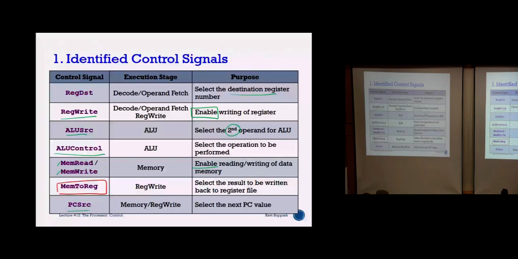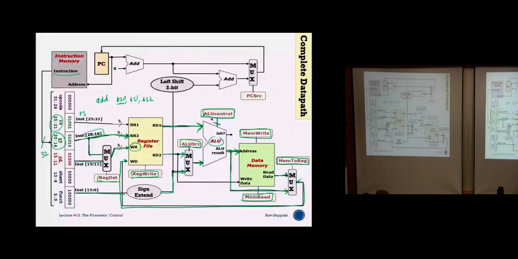And the last one here is the PC source. Select the next PC value. Okay, so by default, whenever I fetch an instruction, the PC through this hardware block already generates the PC plus 4. Now that is by hardware. At the same time, I know that I have branch instructions, so I also need to cater to that.